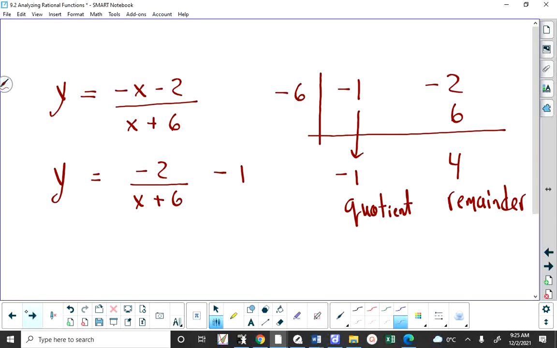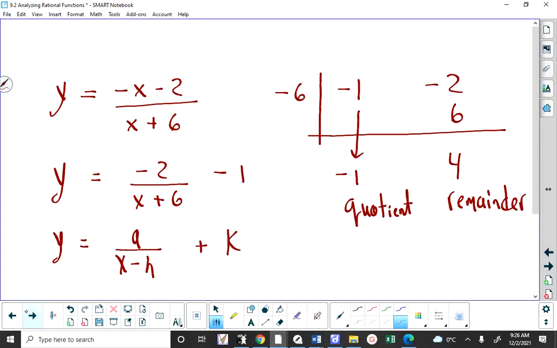I rewrote this, putting the remainder over the divisor first, because I want this to match a over x minus h plus k. Which means a is negative 2, h is negative 3, and k is negative 1.